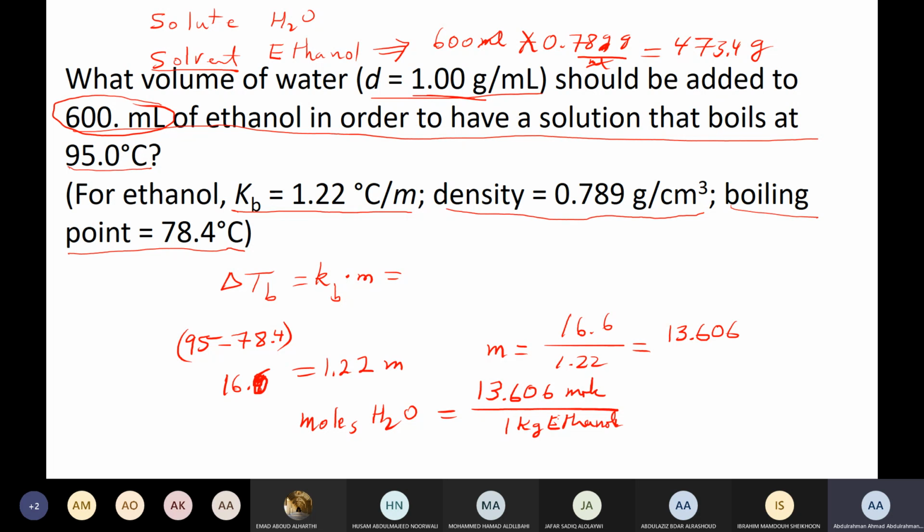But what I have here in the solution is 0.4734 kilogram. Kilogram will go with kilogram, and we have the answer in mole. Give me an answer. 6.44 mole. So good. Change it to gram.